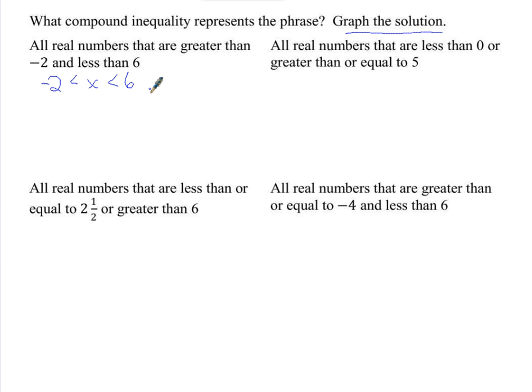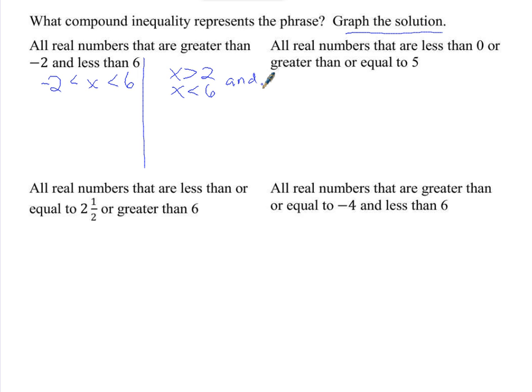Or I could write that as two separate inequalities. All numbers that are greater than -2 would be x is greater than -2. And less than 6 would be x is less than 6, with the word and. X is greater than -2 and x is less than 6.